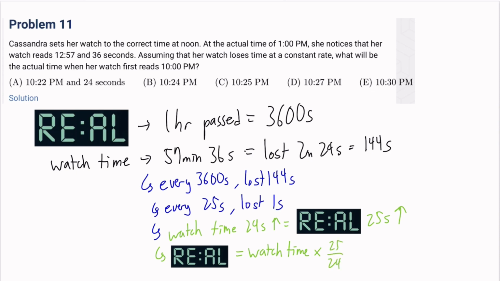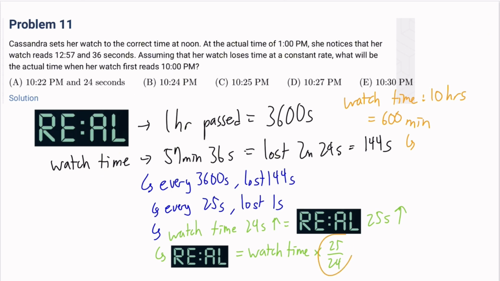And since at 10 p.m. the watch time is 10 hours, which is 600 minutes, right?